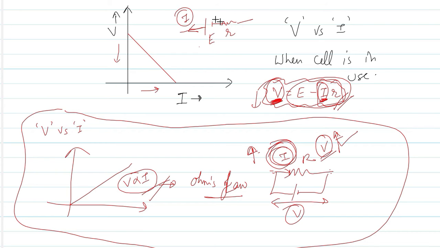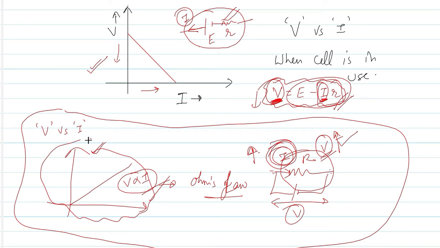This is the case of the source, and that one is about the load. So this is a little bit of a difference. Now remember it: if you are asked to draw this for a cell, draw this. Do not consider the other graph, right? Am I clear? Perfect.